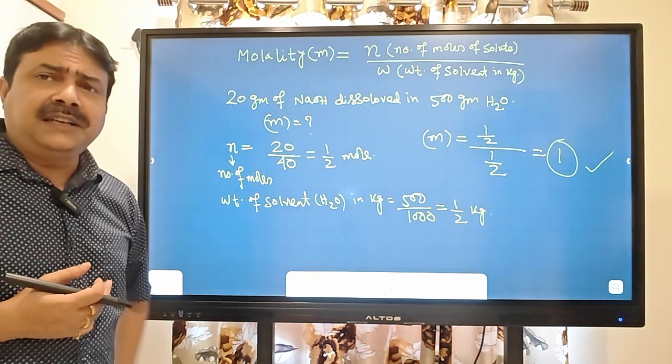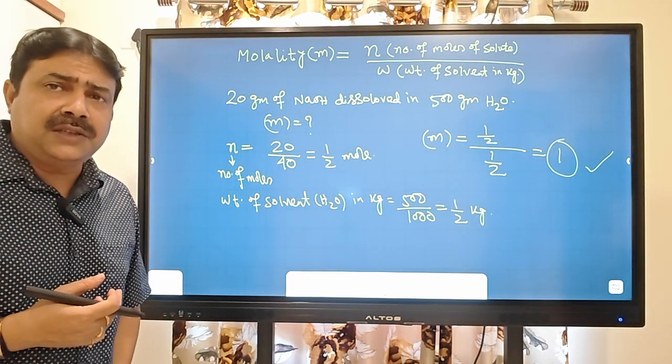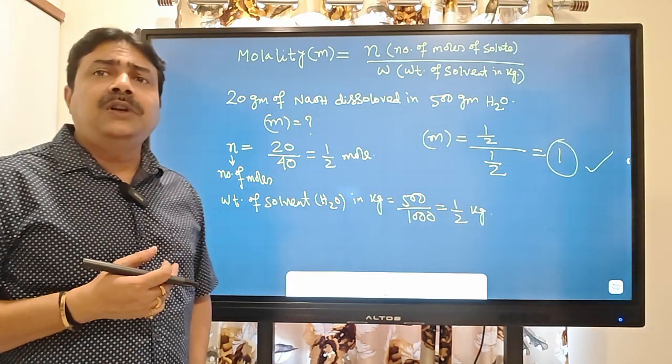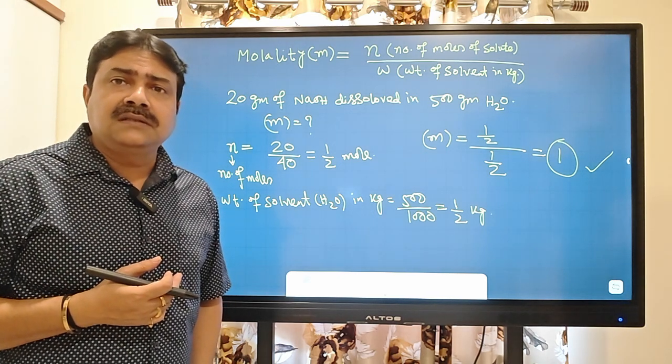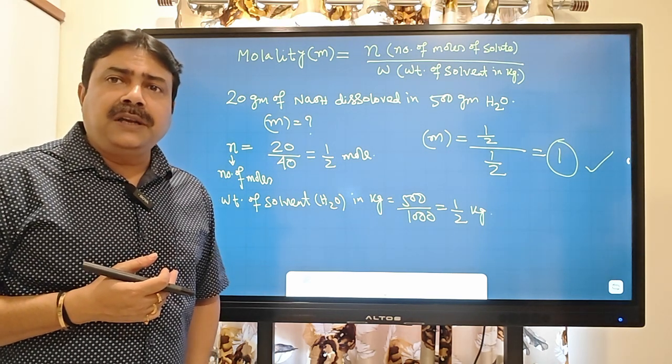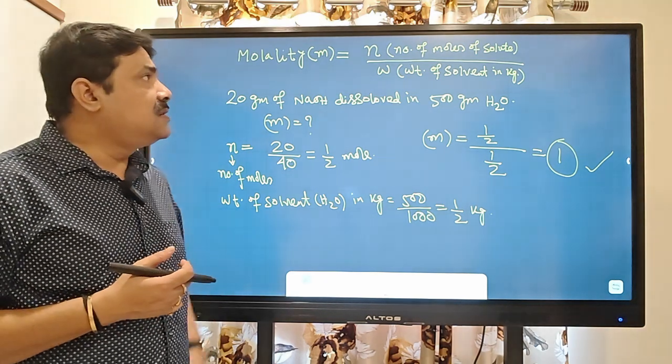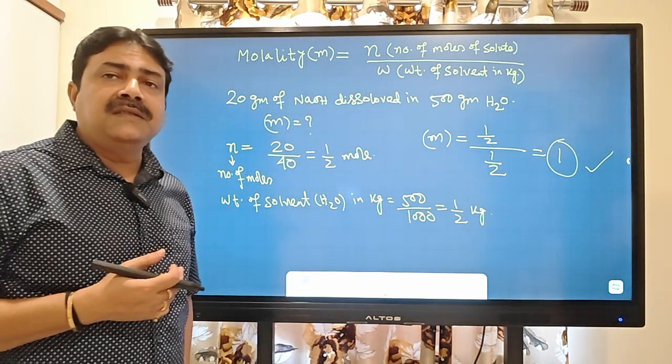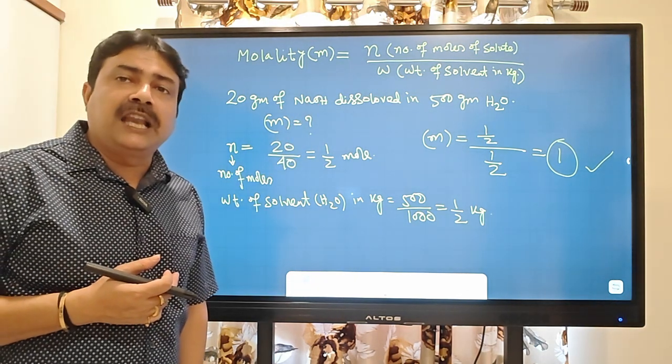Now here is another interesting question: will this molality depend on temperature? No. So why will molality not depend on temperature? Because there is no volume term associated with molality.